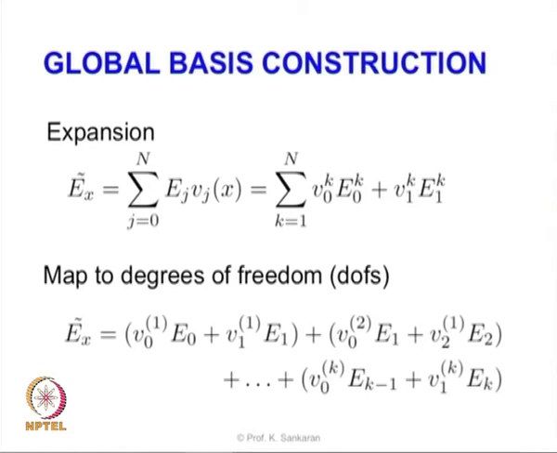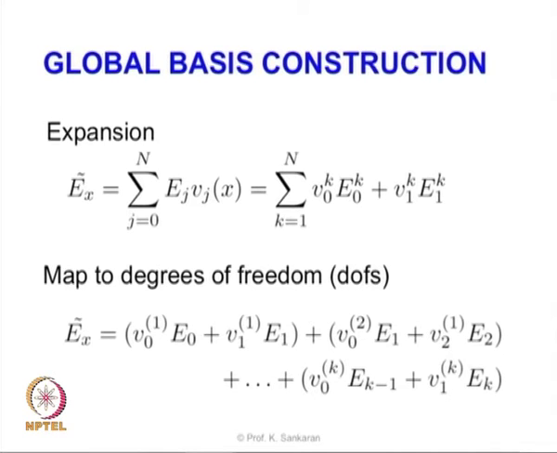So what I am going to do here is map to the degrees of freedom. Inside each of the elements, I said there are 2 degrees of freedom in the one dimensional case. So we have the left hand side, the right hand side, the left hand side, the right hand side, so on and so forth. And we are going to collect all the terms that are assigned to a particular global degree of freedom.